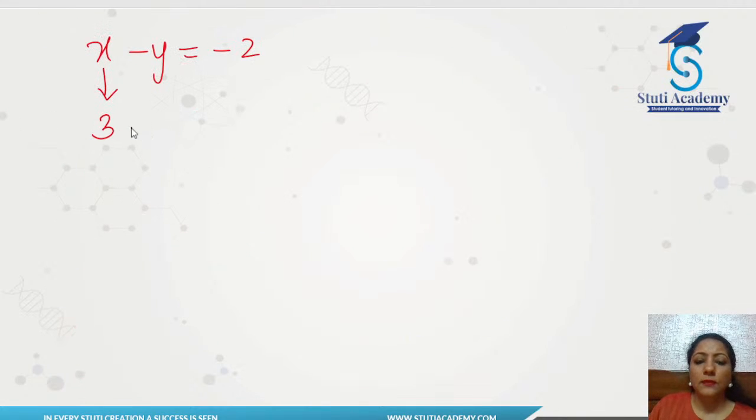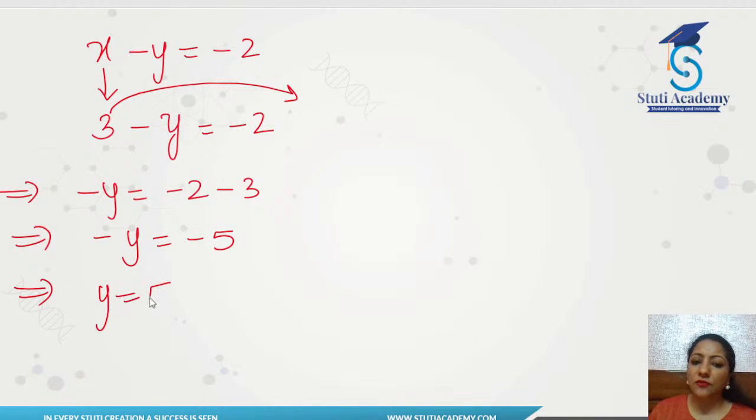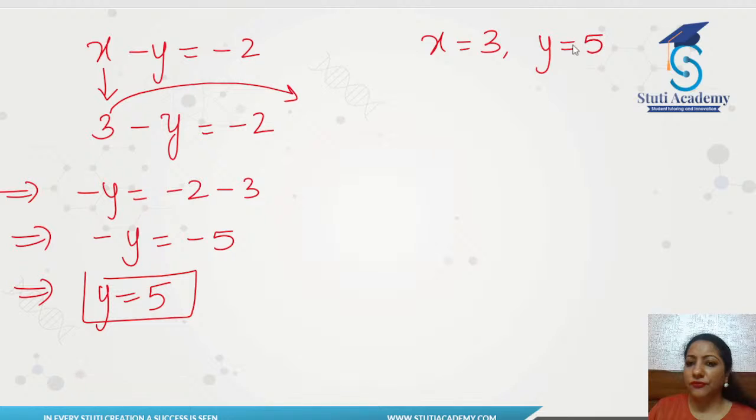So it's 3 here. 3 minus y is equal to minus 2 we have. 3 I'm going to take on the right hand side, I'll get minus y equal to minus 2 minus 3. So I have minus y equal to minus 5, and finally I have y as 5. So x I got as 3 and y now I have 5.